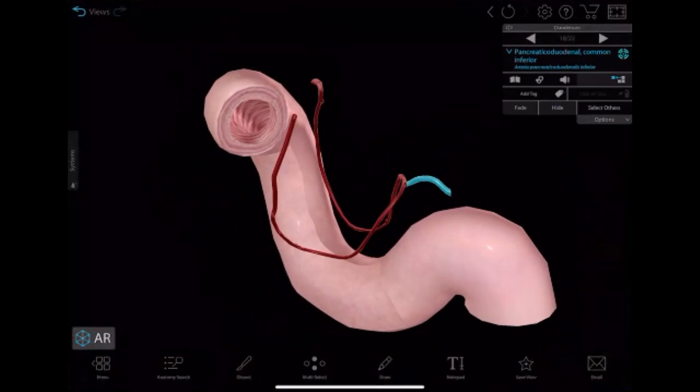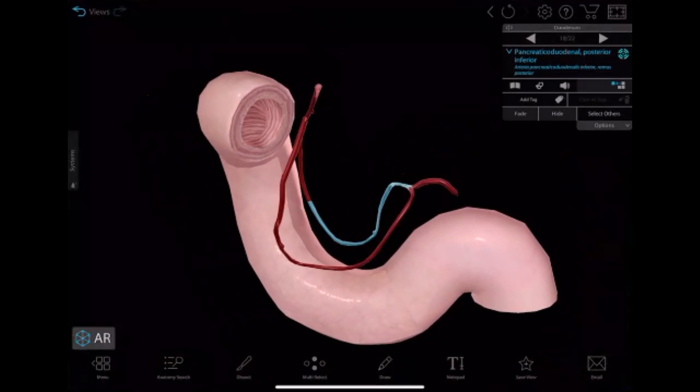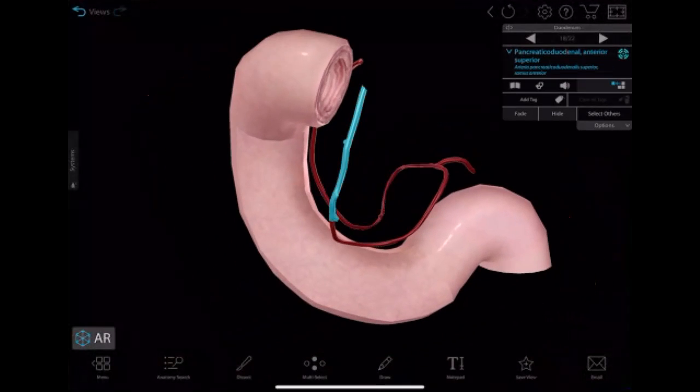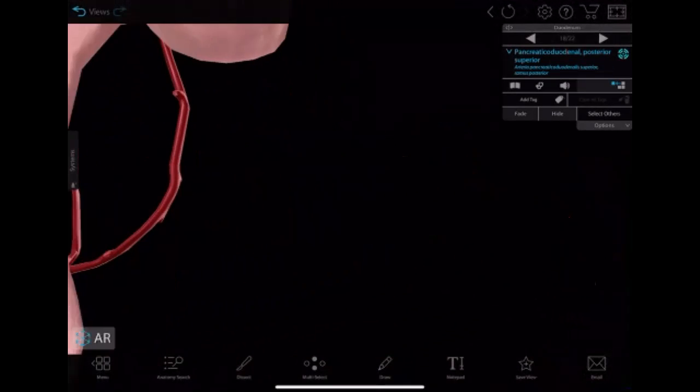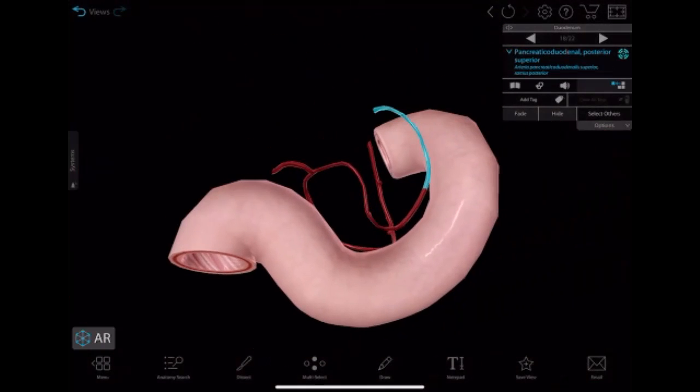This one being the pancreatic common, this one is anterior, anterior inferior, and anterior superior. This is posterior superior and this is posterior inferior. So this one is the anterior, anterior superior, anterior inferior. This one is posterior, posterior superior and posterior inferior.